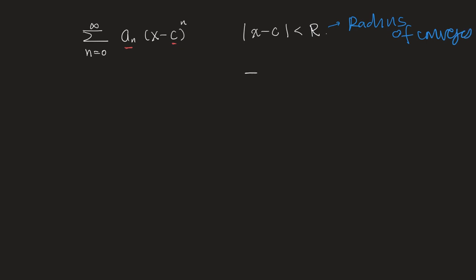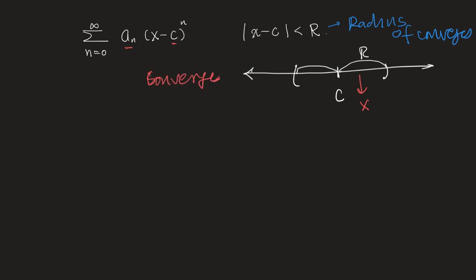So here is a number line. The center is C, and the radius is R. If you take an x value inside, then this series converges, and we can define this as f of x.